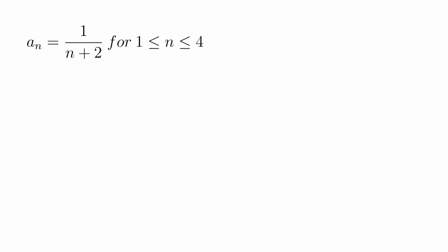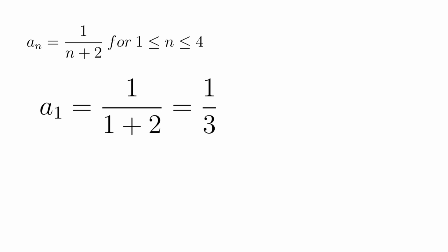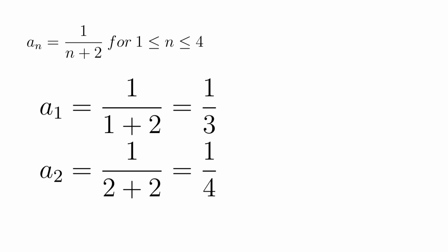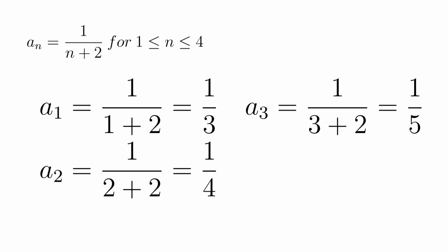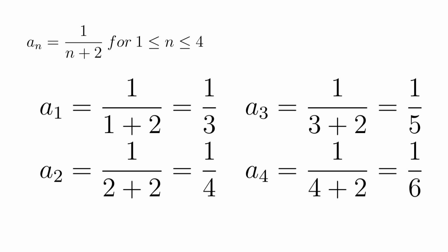Using the natural numbers from 1 through 4 in a sub n is equal to 1 over the quantity n plus 2, we get the terms. a sub 1 is equal to 1 over 1 plus 2, which is equal to 1/3. a sub 2 is equal to 1 over 2 plus 2, which is equal to 1/4. a sub 3 is equal to 1 over 3 plus 2, which is equal to 1/5. a sub 4 is equal to 1 over 4 plus 2, which is equal to 1/6. Thus, the four terms of the sequence are 1/3, 1/4, 1/5, and 1/6.